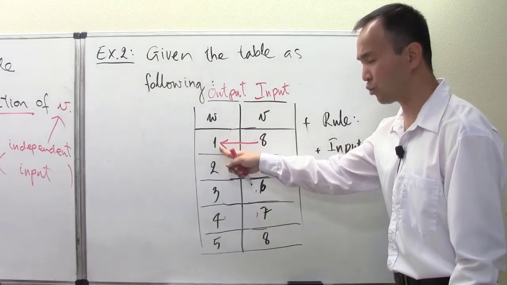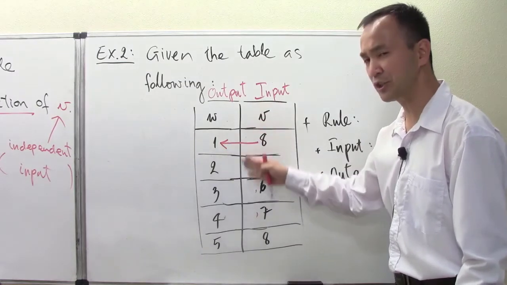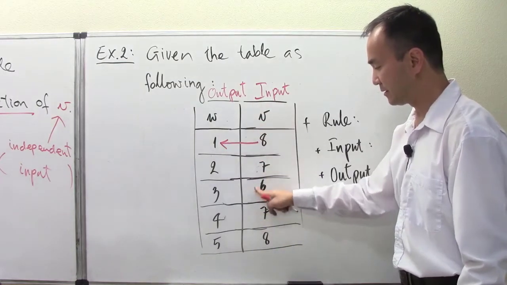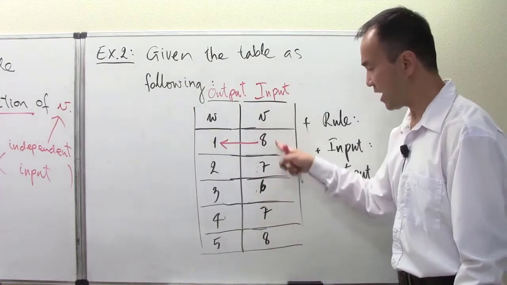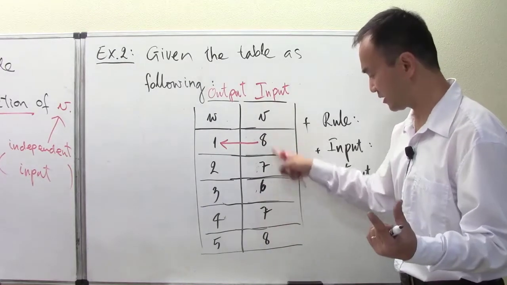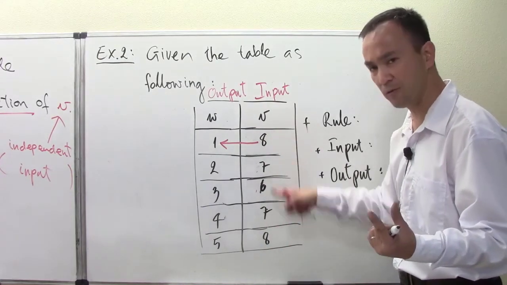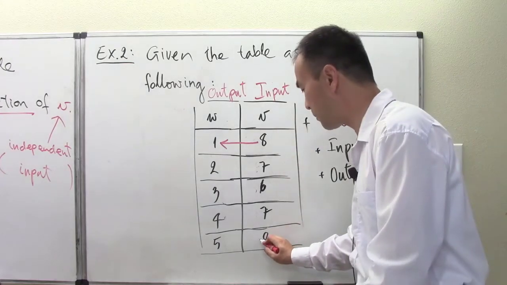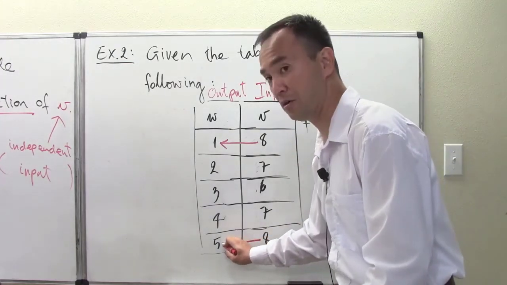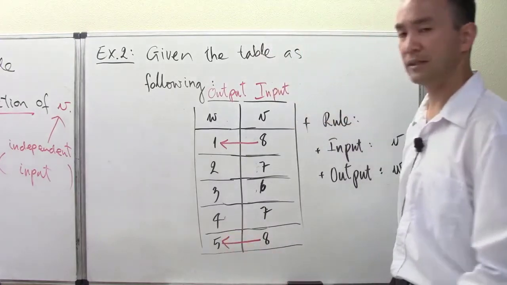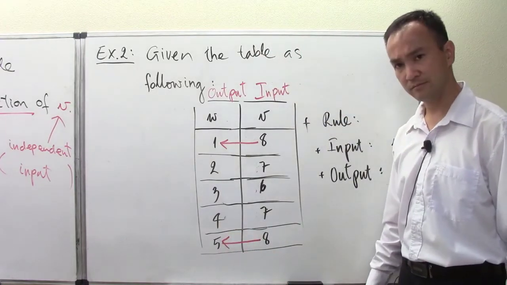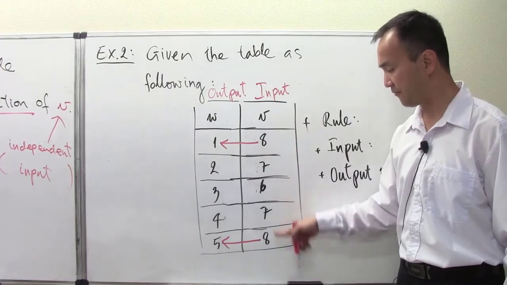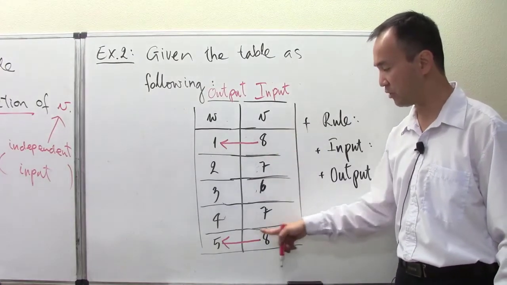We see there's one output for now, but let's search through. There's another 8. As far as value, it's one value, so one input. But all of a sudden we spotted that 8 also goes to a different output. The same input value goes into 2 different outputs.